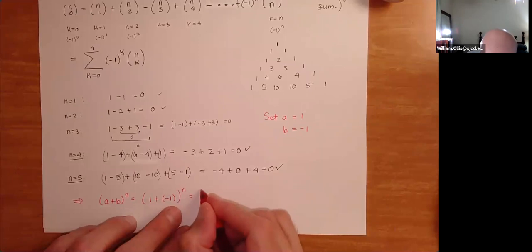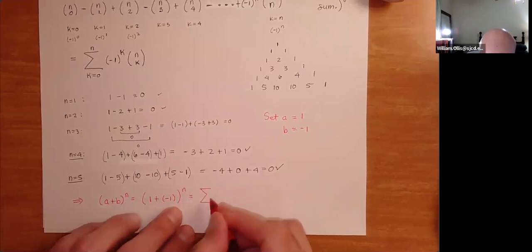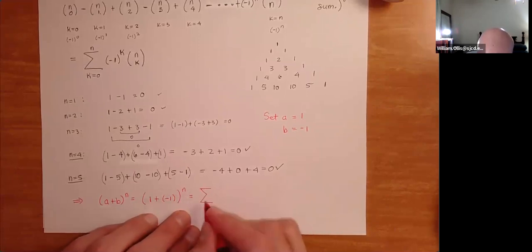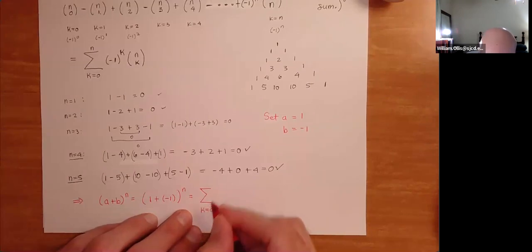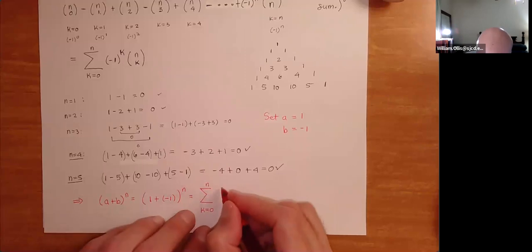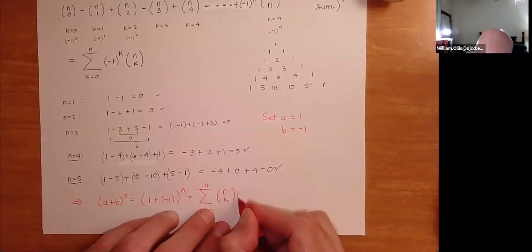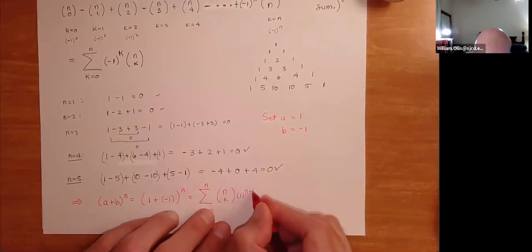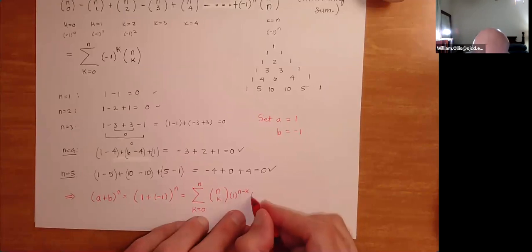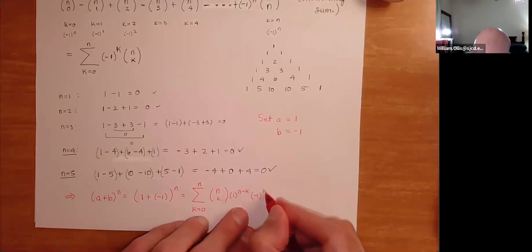And so this will give us, in this case, the sum for k equals 0 to n of n choose k, times 1 to the n minus k, times negative 1 to the k.